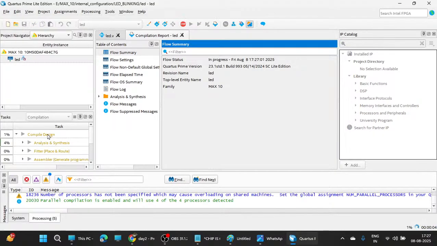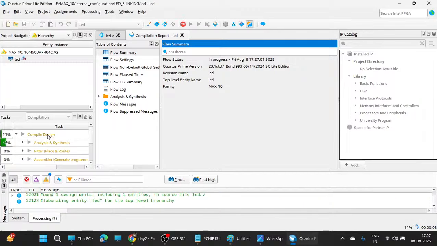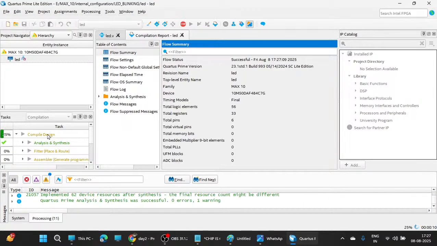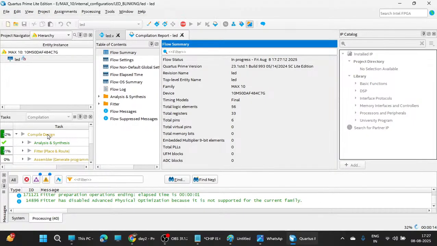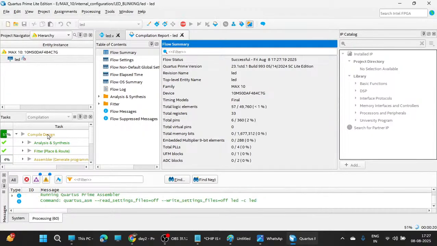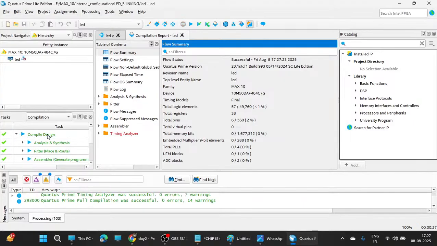If you face any error, you have to solve the error and then recompile, and then you will get the binary file, and then you have to write it into flash memory. The flash memory will configure the transistors, and then our FPGA will work based on our code. Okay, so understand?